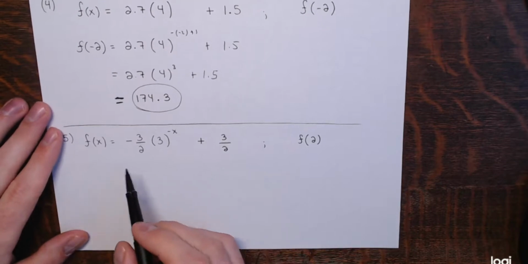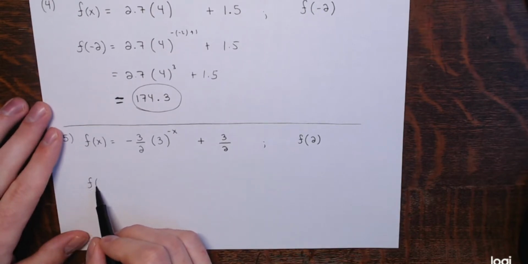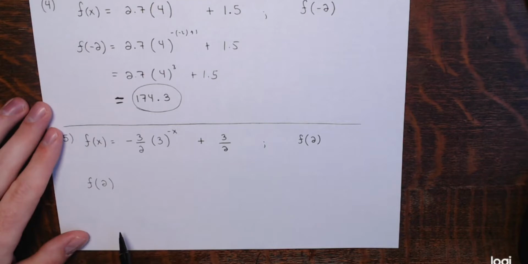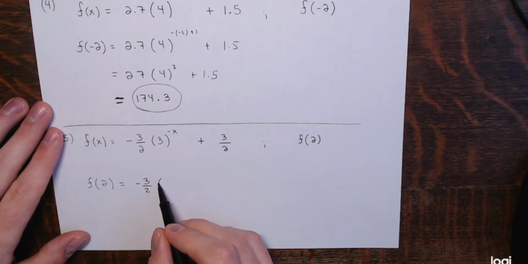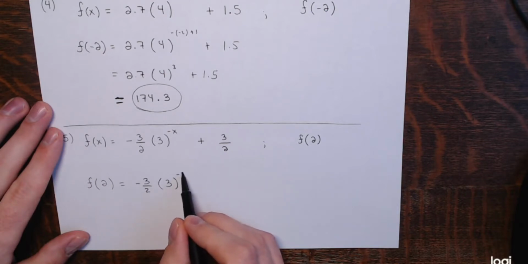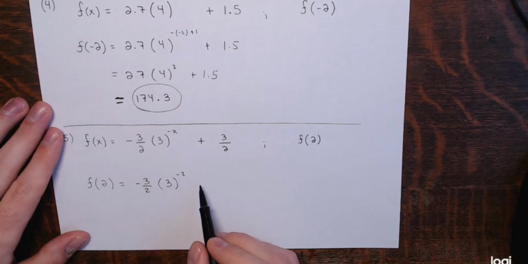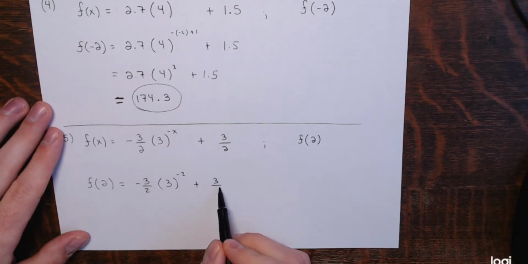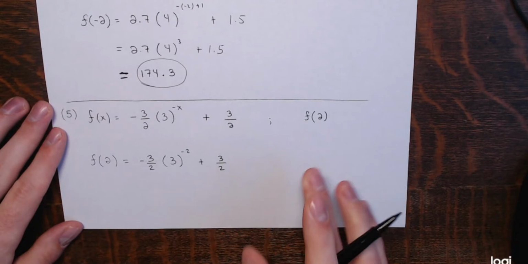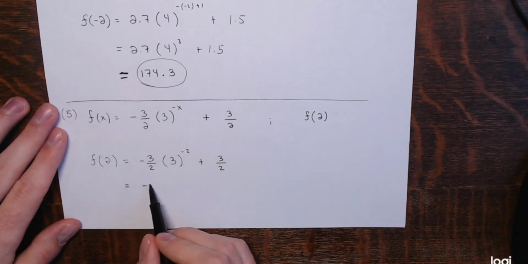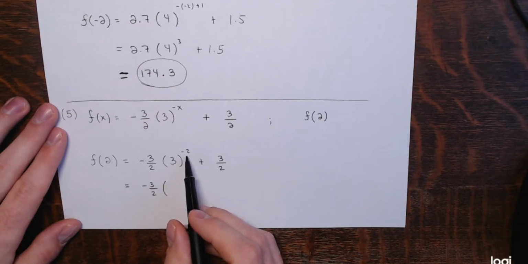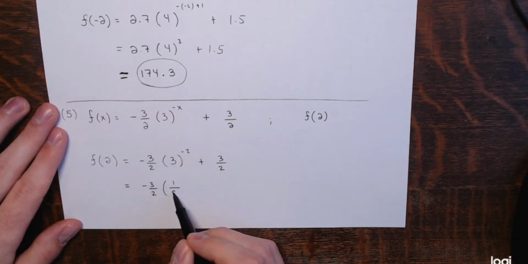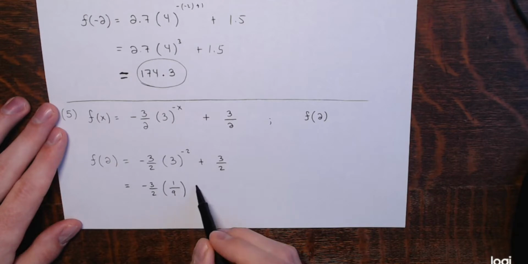And we're asked to find the value of f of 2. So just replace x with 2 here. We have -3/2 times 3 to the -2 power, plus 3/2. And here we have -3/2 times, now remember 3 to the -2 would be 1 over 3 squared, or 1 over 9. And then plus 3/2.